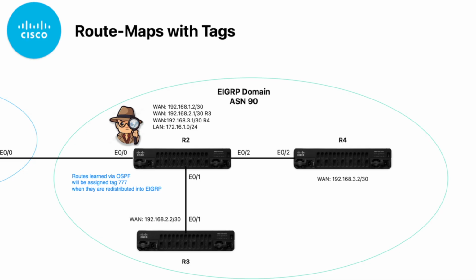We're also going to configure a loopback, which is going to simulate the LAN on router number 2. And keep in mind that every single route that comes from OSPF, I'm going to be assigning a tag of 777. What we want to accomplish in this scenario is to inject routes with tag 777 to router number 3, but not router number 4.